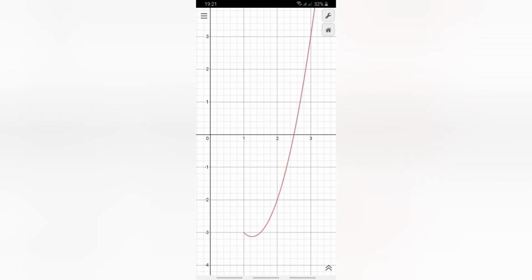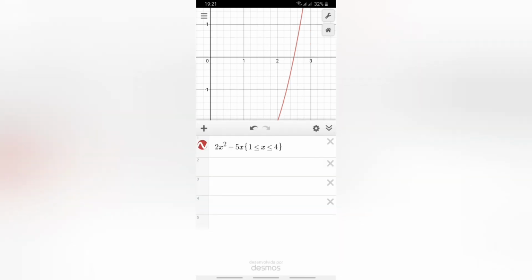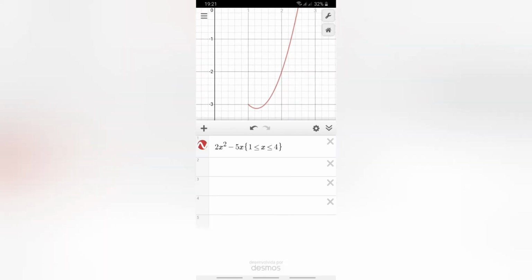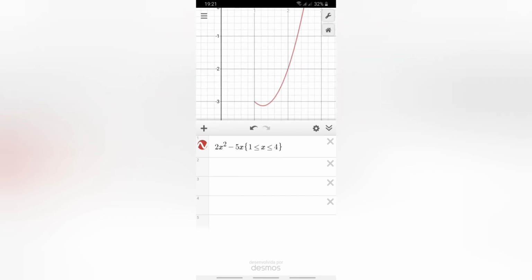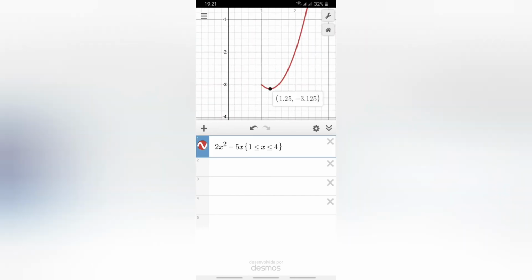So this is why you need to calculate the values that he gave you, the value of the function in 4 and in 1, so that you can find this point over here and this other point over here, and then you calculate the vertex, because if the vertex is in the interval, the vertex would be the minimum.